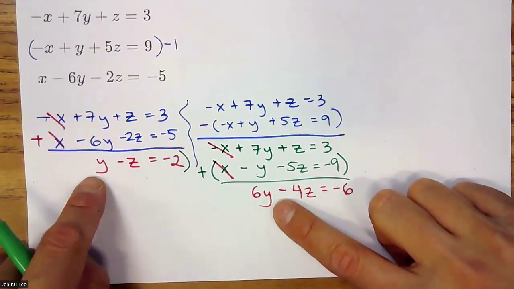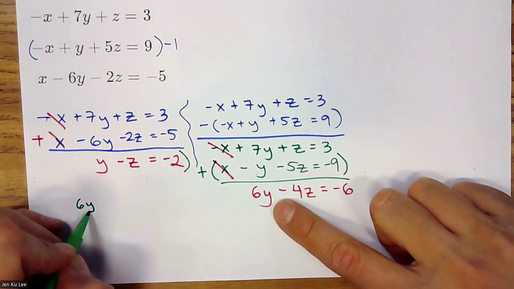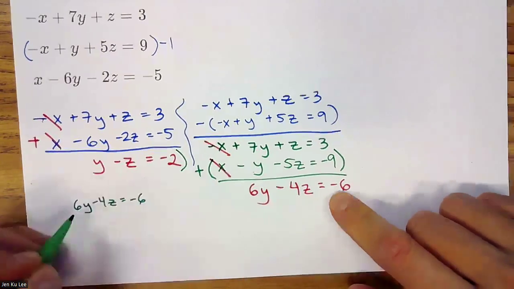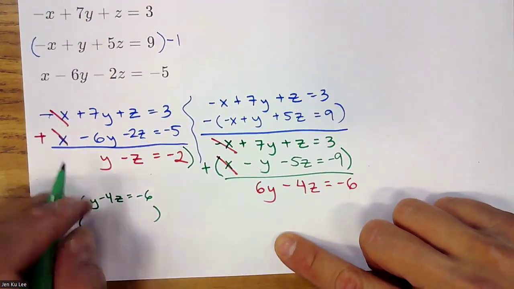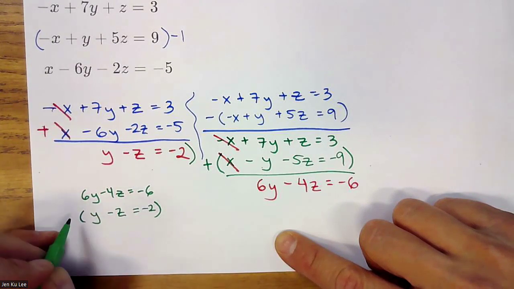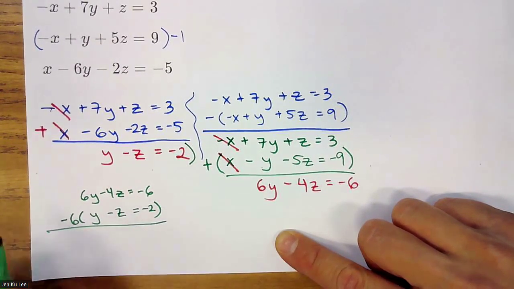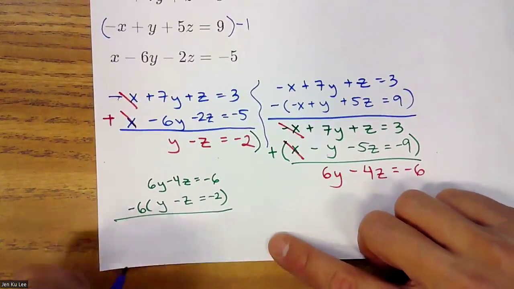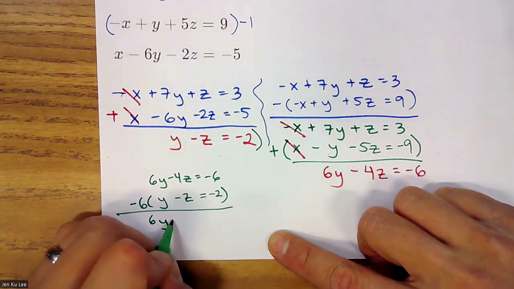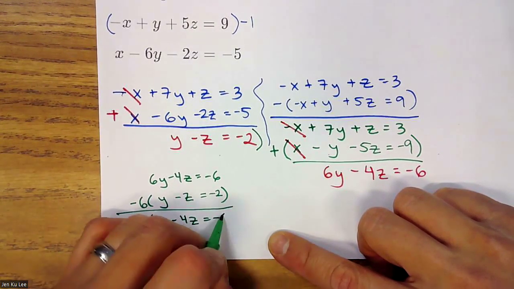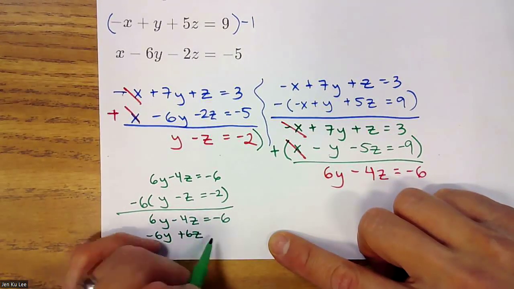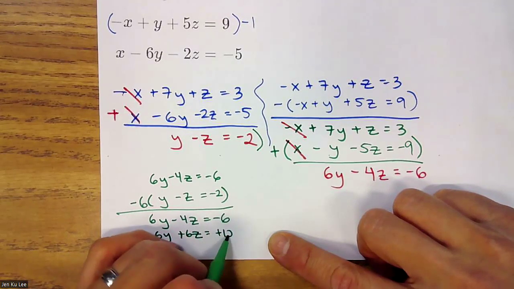So I'm going to get rid of the y's. So 6y minus 4z equals negative 6. Multiply this one here, y minus z equals negative 2, by negative 6 to get negative 6y plus 6z equals positive 12.